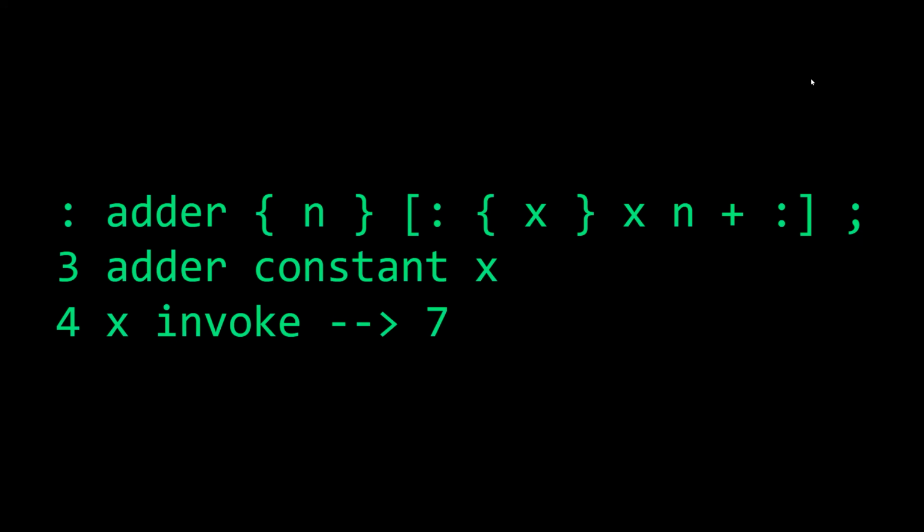Continuing on, what we want to do is also have this close on the surrounding environment. If you've got nested layers of these closures, you want to make sure that you capture from the outside.